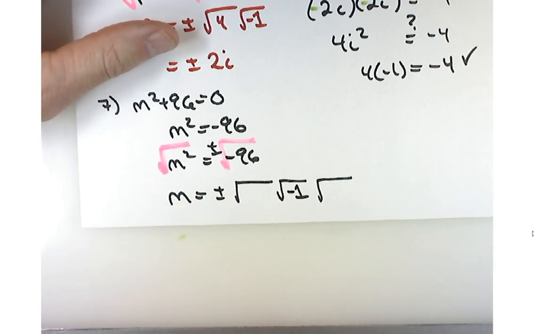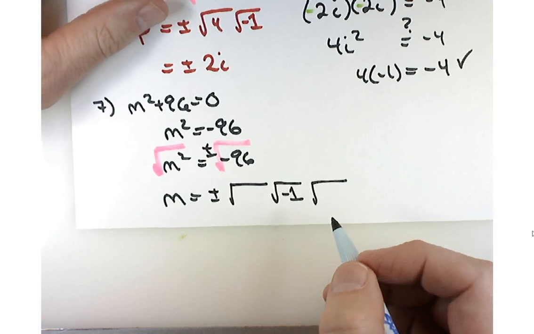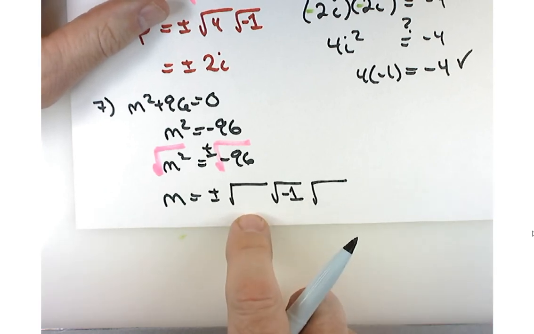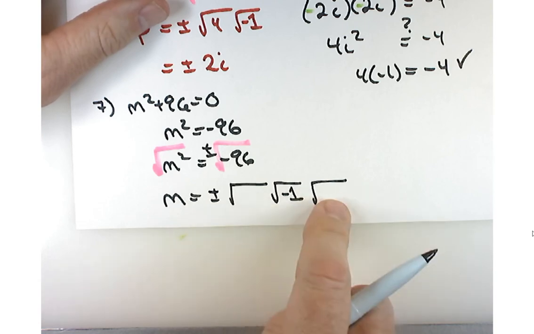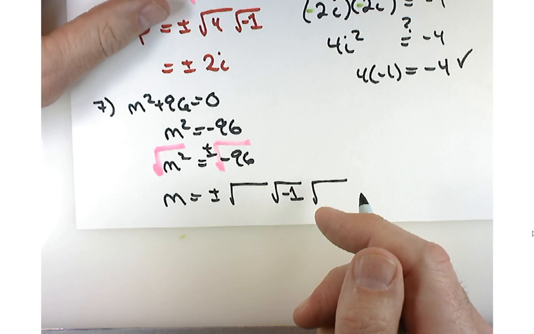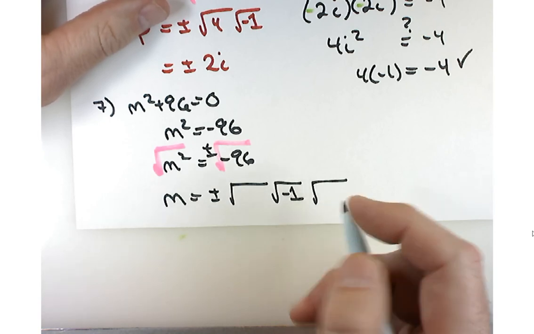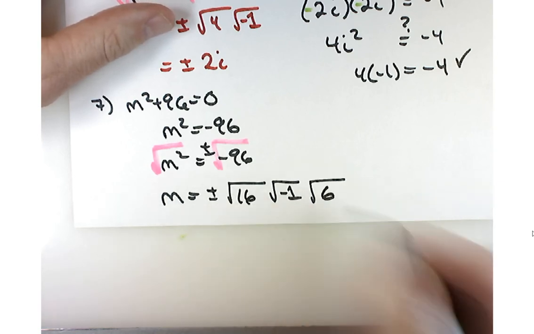Good. And then you've got to look through your list of perfect squares and try to find something, Ryan G., that goes into 96 evenly. How many times does 16 go into 96? 6 times. Cool.